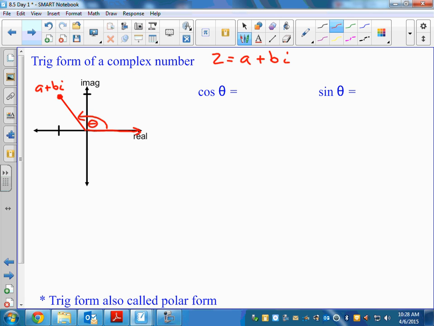The same way we've always done this, we could use this reference angle and draw in the triangle that corresponds to that theta. Wherever you are in this coordinate plane, you could draw in a right triangle. And instead of talking about x's and y's, we're going to talk about the values that we would use here. So what would the distance from here to here be?